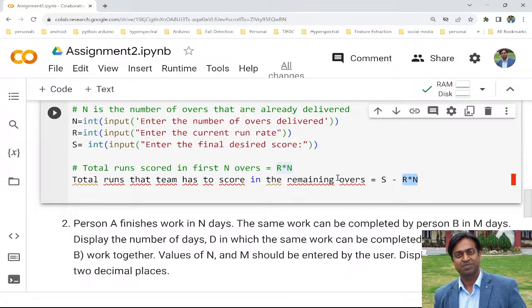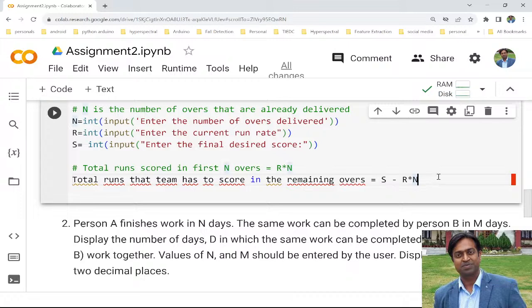Why? Because R into n is the total run that the team has scored till now. S is the desired score, right? S is the desired score. So s minus r into n will give the total runs that the team should score in the remaining overs.